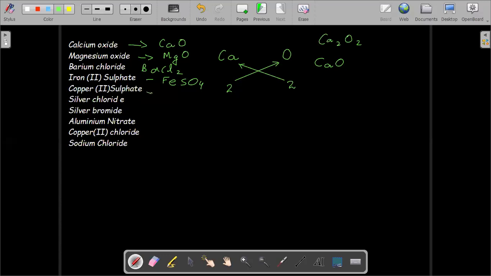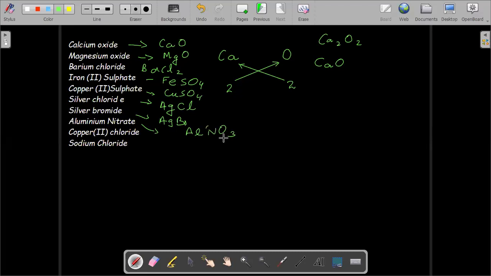Then copper sulfate, it's CuSO4. Silver chloride, silver is Ag, and it has a valency of plus 1, chloride has a valency of minus 1. So AgCl. Silver bromide will have the formula AgBr. Aluminium nitrate: aluminium has the valency 3 and nitrate has the valency 1.